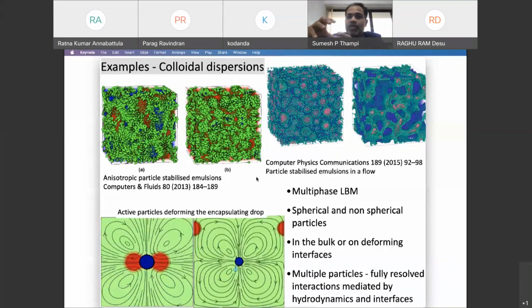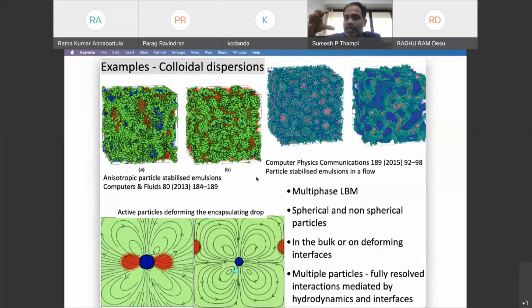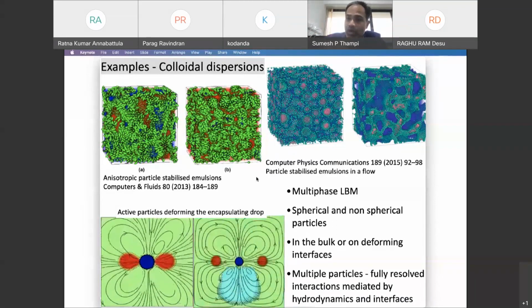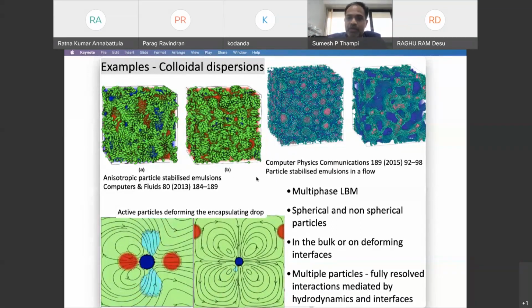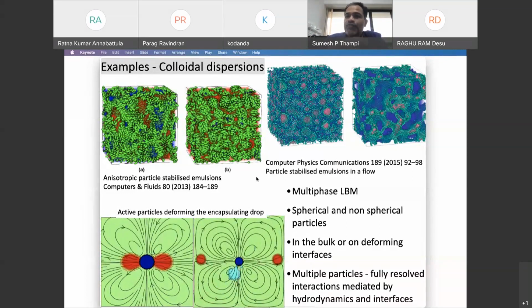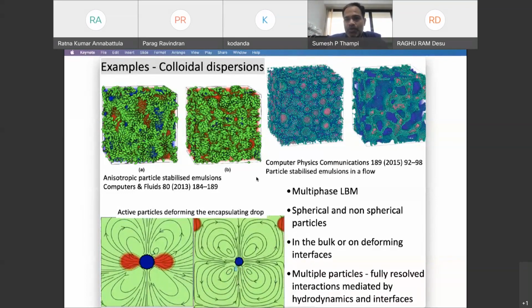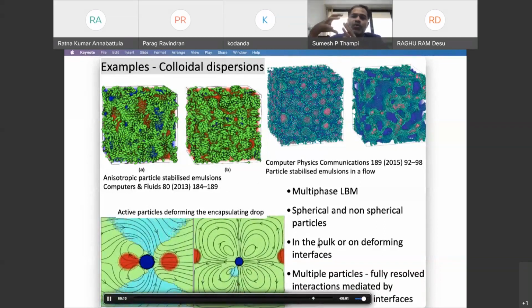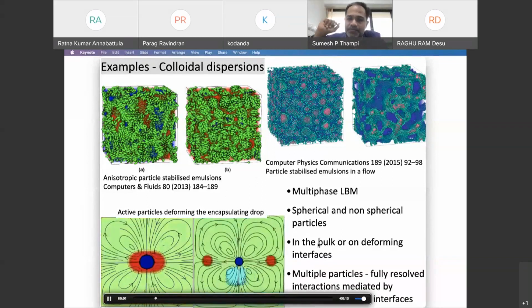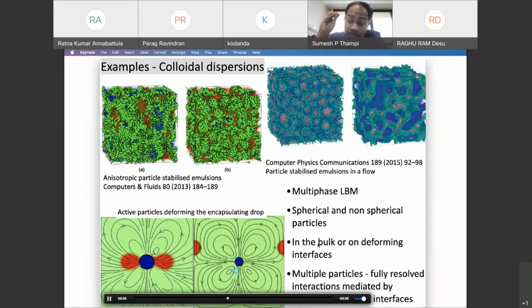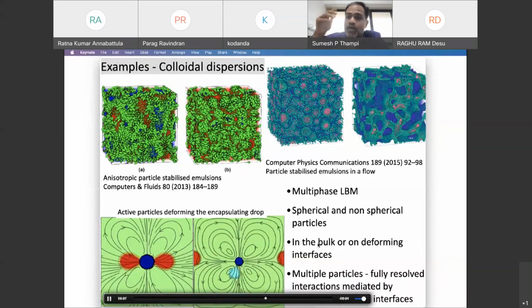And these particles need not be static. The particles themselves could be moving. The particles could also undergo thermal motion. But all these ingredients can be easily built into the framework that I just spoke about. Not only that, the bottom part tells you, if you want to look at individual particles, how the flow around them can be.